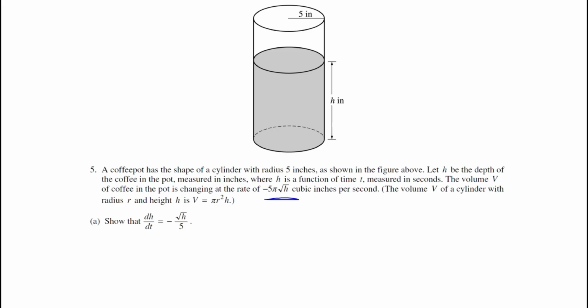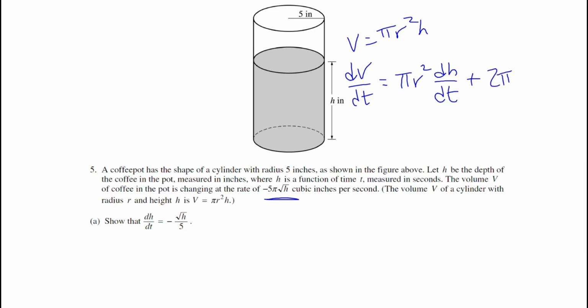Well, if the volume is equal to pi r squared h, then dv dt should be able to be found using the product rule and implicit differentiation. That'll be pi r squared times the derivative of h with respect to t, plus the derivative of pi r squared, which is 2 pi r dr dt, times the h.